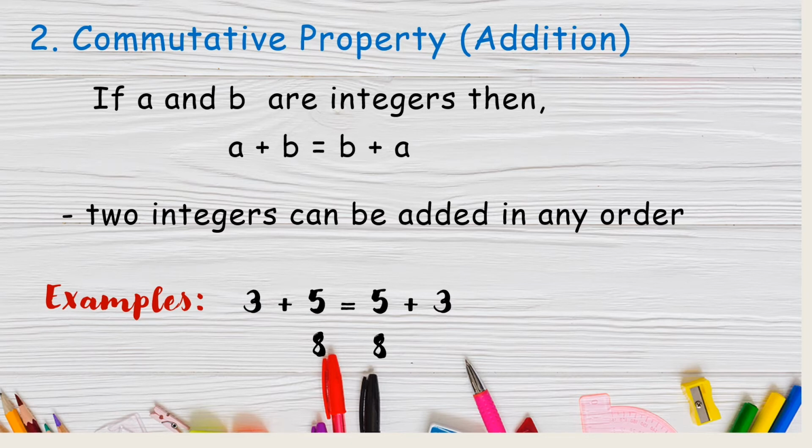So changing the order of the addends does not change the sum. Another example, we have 8 plus 2 is equal to 2 plus 8. So if we add 8 plus 2, we have 10. And if we add 2 and 8, we have 10 also. Again, changing the order of the addends does not change the sum. That is commutative property of addition.